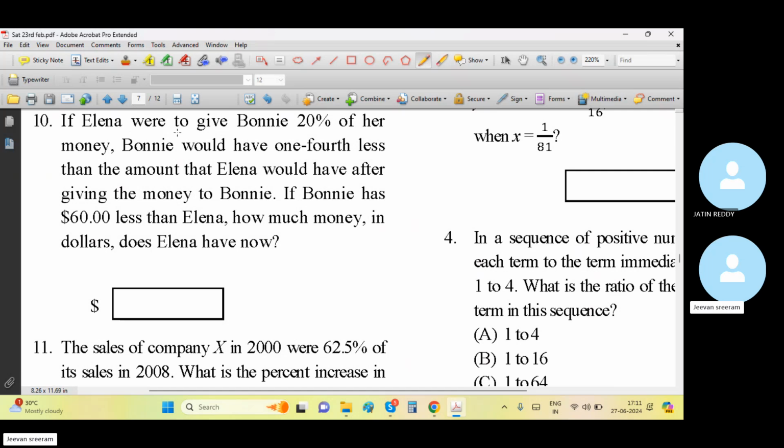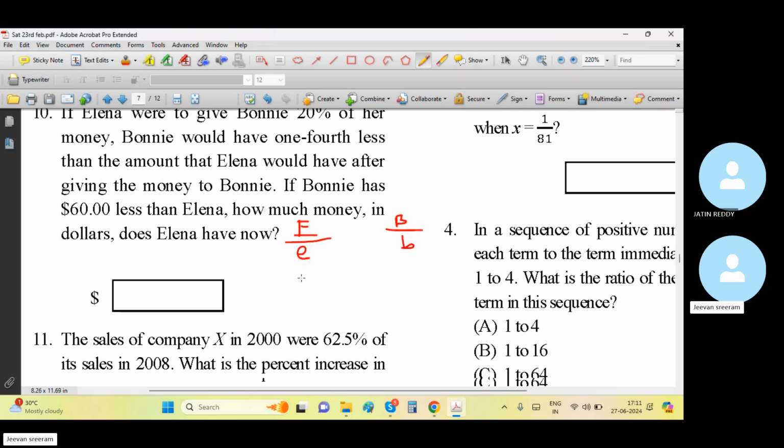Let's see. If Elena were to give Bunny 20% of her money, Bunny would have 1/4 less than the amount that Elena would have after giving the money to Bunny. If Bunny has 60 less than Elena, it's a so easy question. Let me do this. So Elena has E, Bunny has small b.